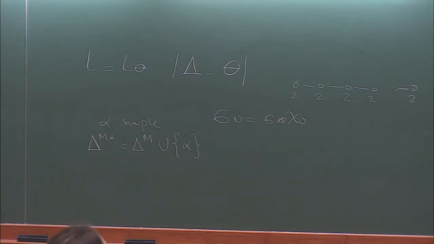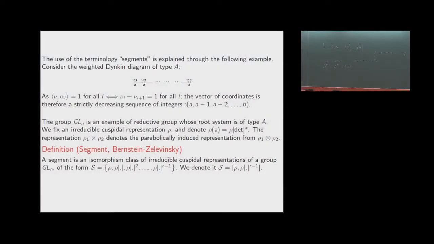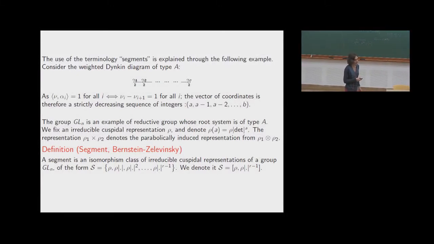So you obtain a decreasing sequence of integers. And if you know the theory of Bernstein-Zelevinsky for the classification of representations of GL_n over p-adic fields, such sequences remind you of the notion of segments as developed by Bernstein-Zelevinsky. So this is why I call those constructions residual segments.